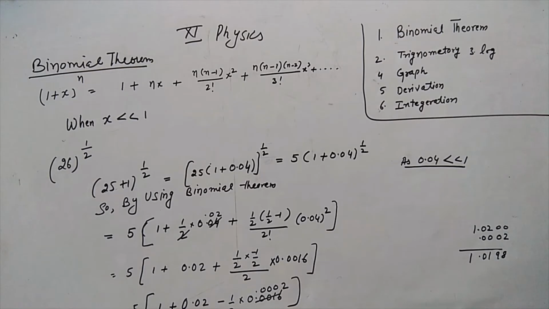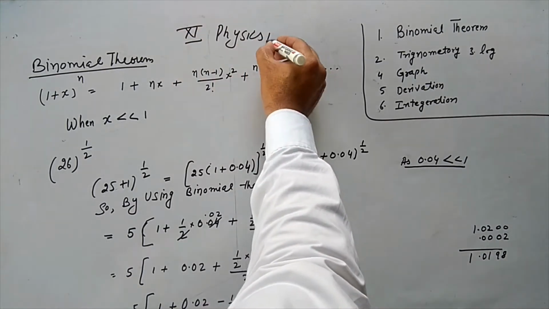There is a zero chapter in plus one physics. In fact, this zero chapter is for the mathematical tools which we will use in the further topics. So the chapter 0 is mathematical tools.